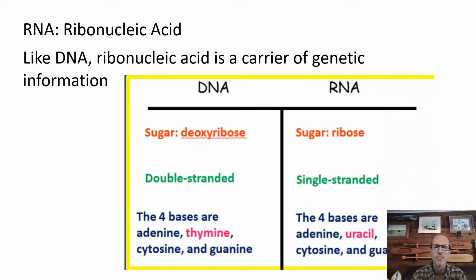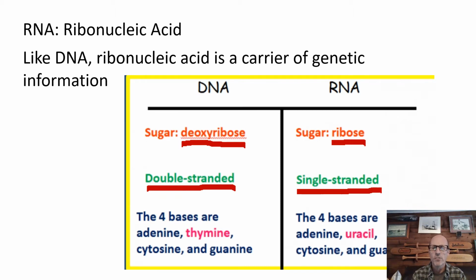Let's look at the key differences between DNA and RNA. You'll remember that DNA contains a deoxyribose sugar, and RNA contains a ribose sugar. So one small difference, there is a hydroxy group that's present in RNA in the 2' position that is not present in DNA. Another key difference between the two is that DNA is double-stranded. We know this from the Watson-Crick model, whereas RNA is single-stranded.